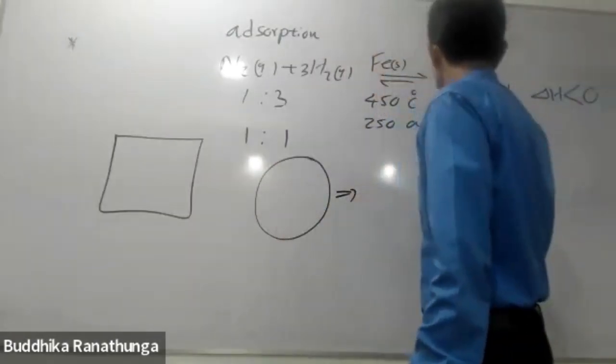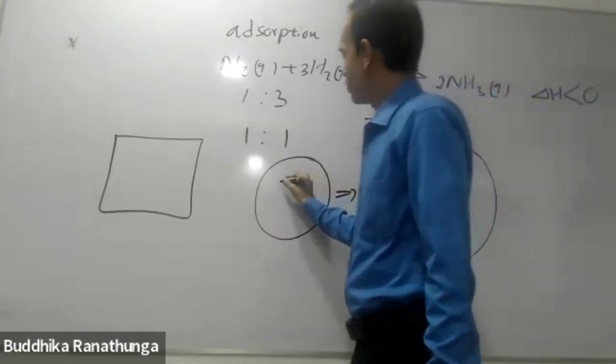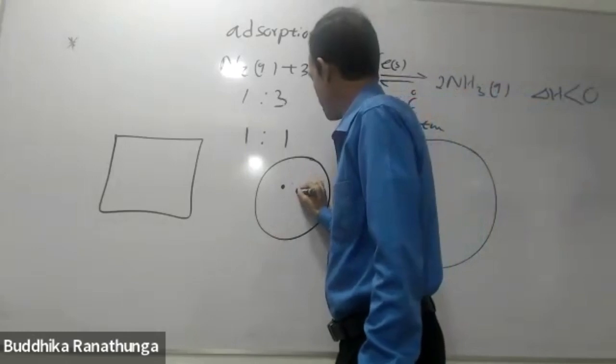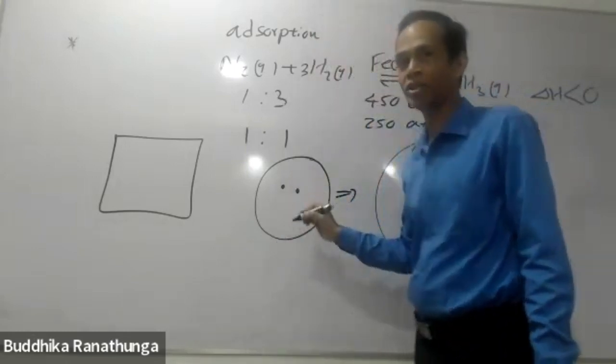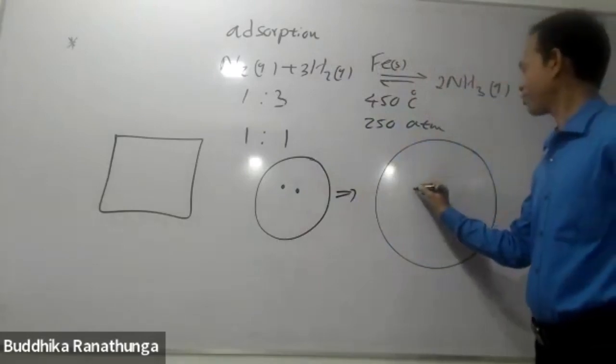When you increase the volume, what happens is the average distance between two particles increases.